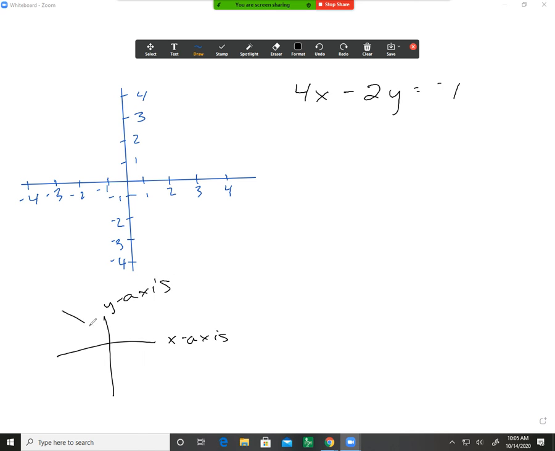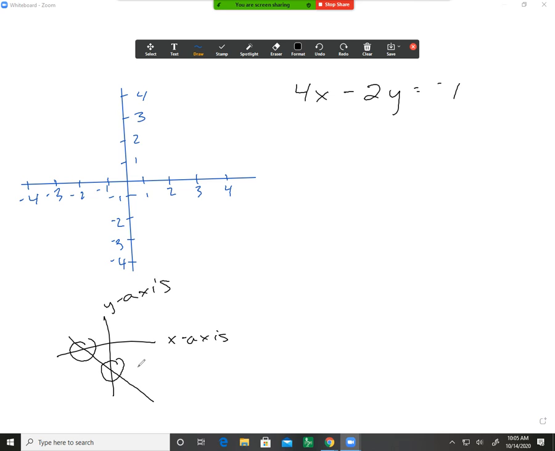If you have a linear equation, it's just a line. It's going to hit the y-axis once and the x-axis once, at least one of those. There are instances where you won't hit one of the axes, but you'll always hit at least one. So our x-intercept is where the line meets the x-axis, and our y-intercept is where the line meets the y-axis.